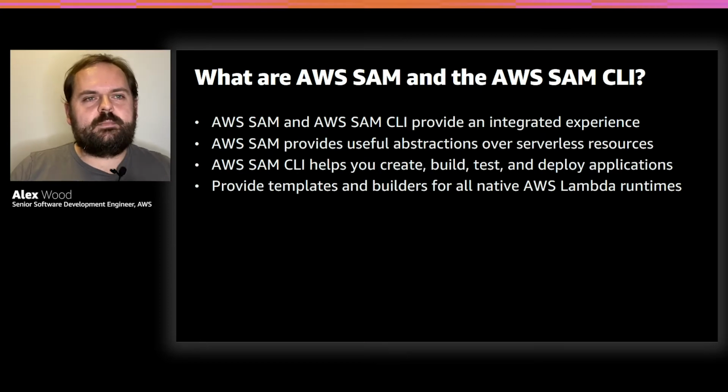The AWS SAM CLI is a tool to help you create, build, test, and deploy those applications and provides you with a number of useful development lifecycle features. And these also provide templates and builders that work with all of the native AWS Lambda runtimes.